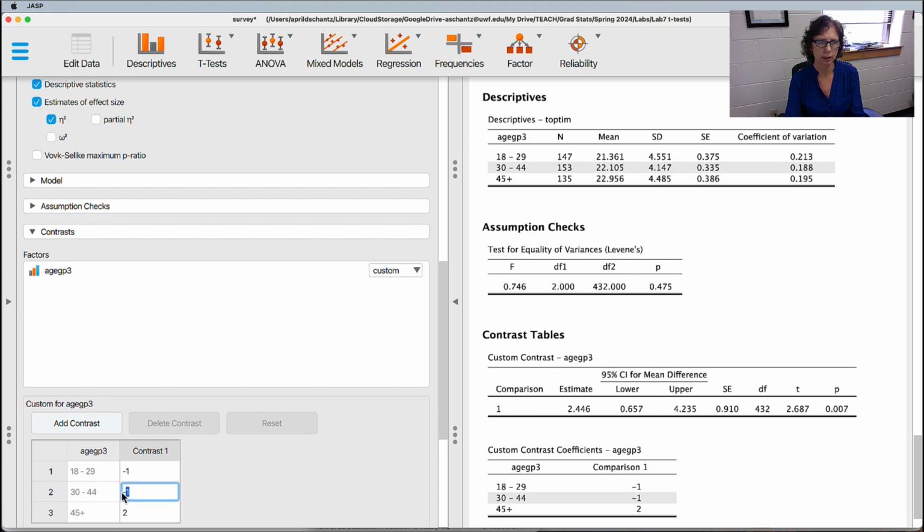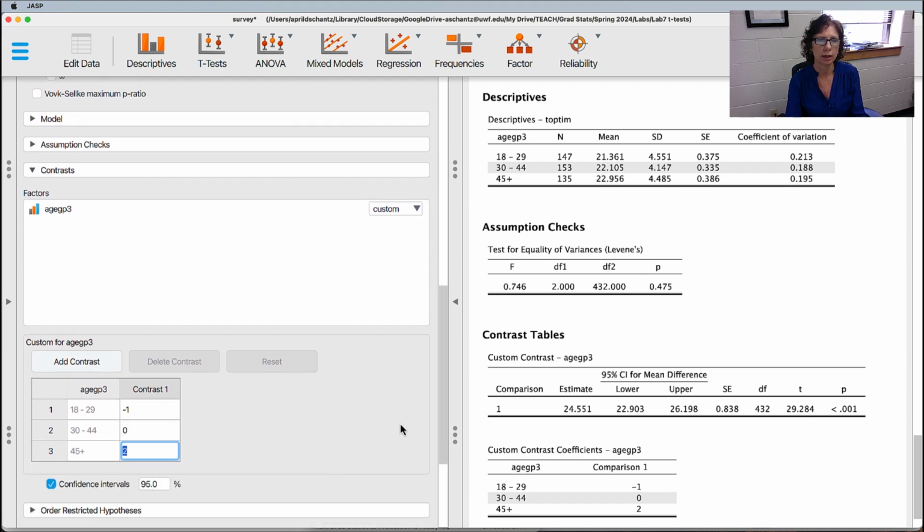I'll leave those at -1. I'll put a 0 for group 2 because I don't want them in there. And I'll put a +1 for group 3. So this will remove group 2 completely. It's only looking at the comparison between group 1 and group 3.